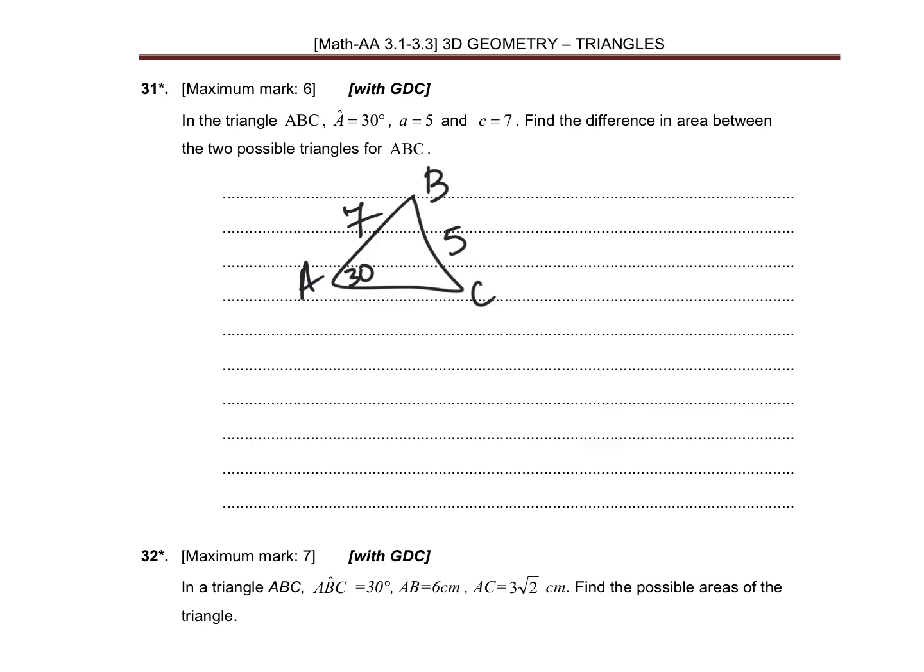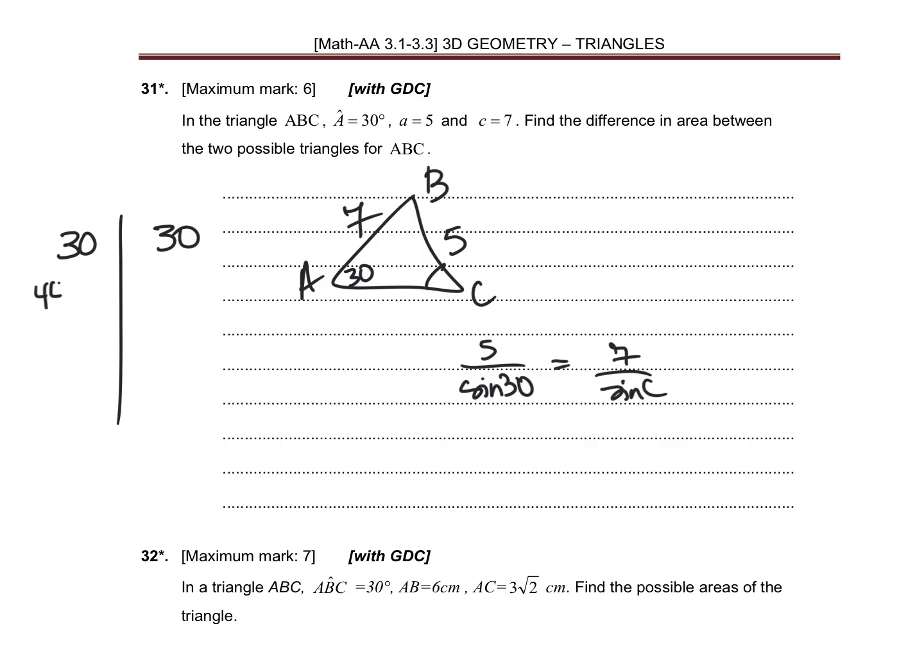Okay, so we have to find this angle to do the area. But first we need to find this angle, and they've told us. Okay, so we've got 5 over sine 30 equals 7 over sine C, and figure that out.